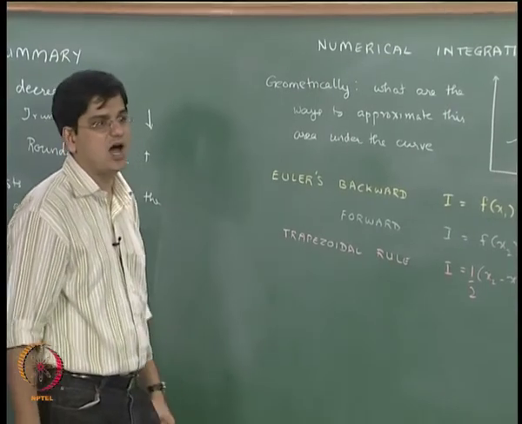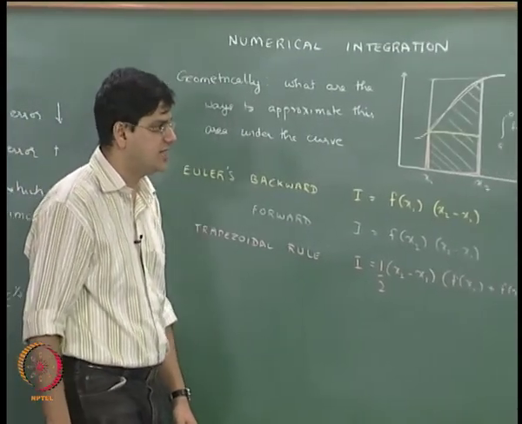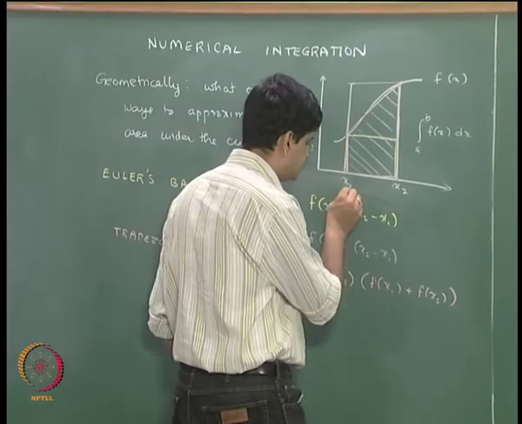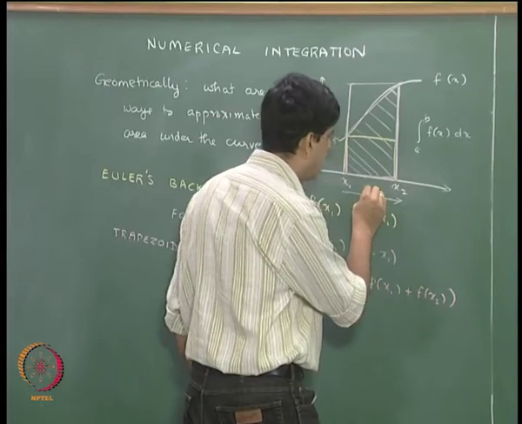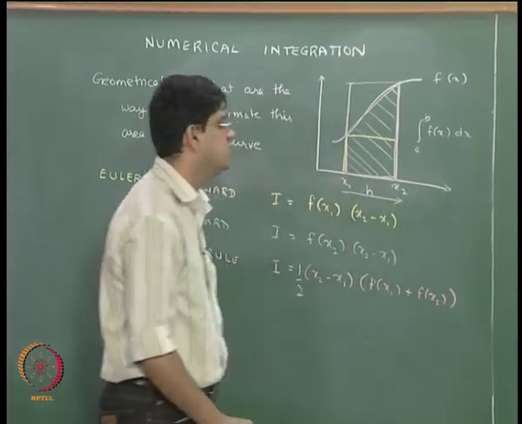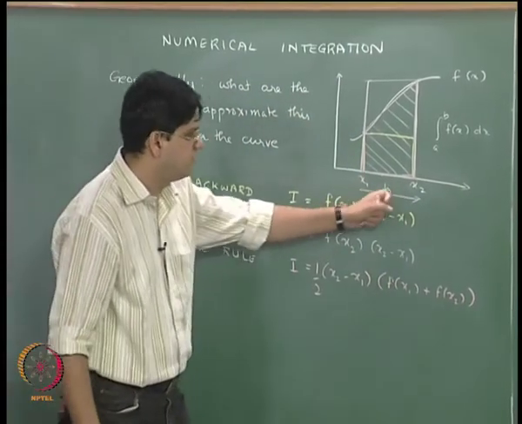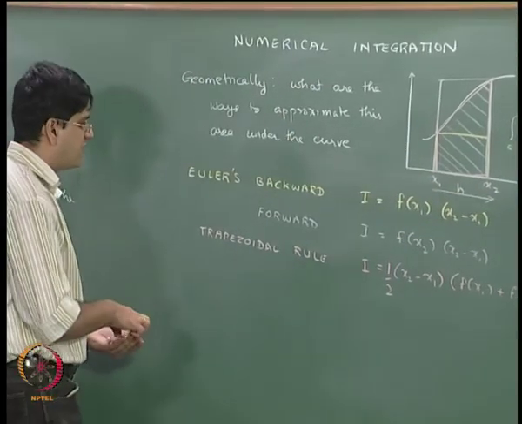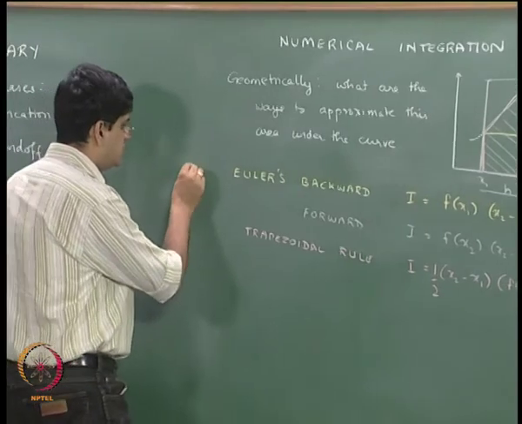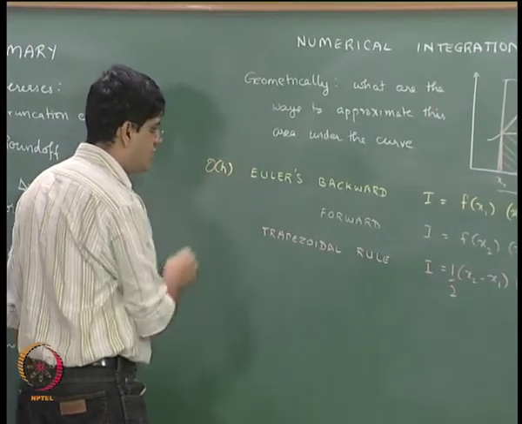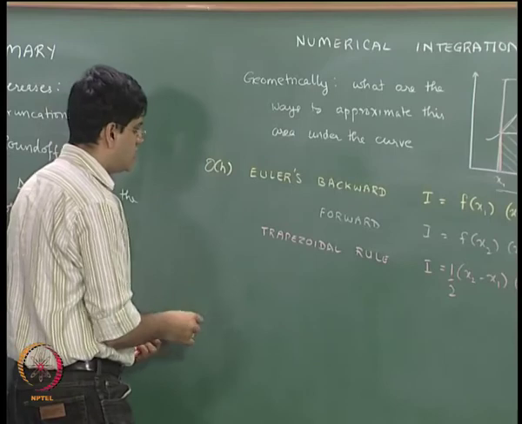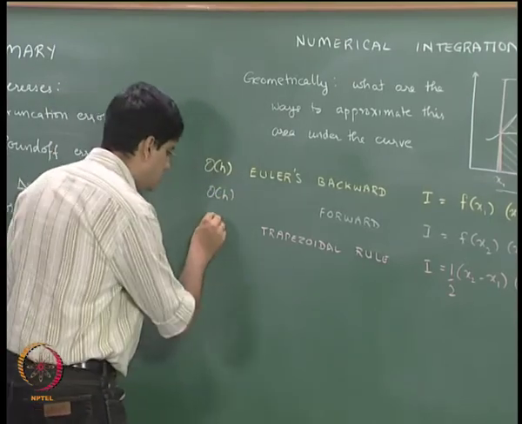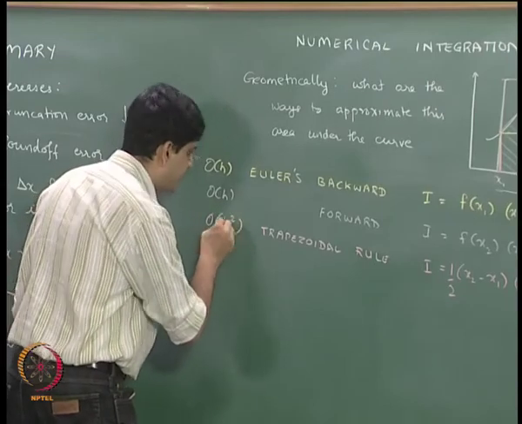and the trapezoidal rule. These are the three different ways. These two methods are first order accurate in delta x. If we call this difference delta x, or let us call this using a simpler notation h, if we call this particular difference h, the Euler's backward difference method is order h accurate, the forward difference method is also order h accurate, the trapezoidal rule is order of h squared accurate.